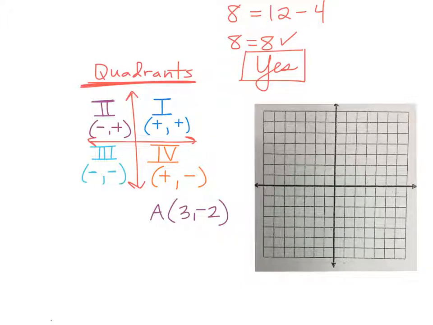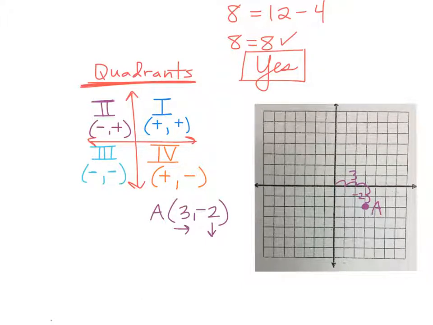To the right and down. So you go to the right 3, down 2. If it's positive, you're always moving left and right first and up and down second, right? So to the right 3, 1, 2, 3, and then down 2, 1, 2, is going to put point A right there. This is 3, this is your -2.